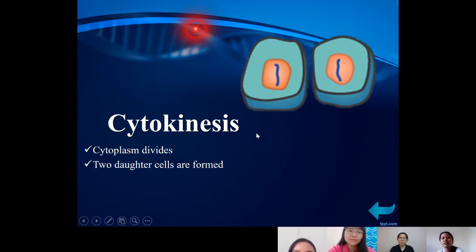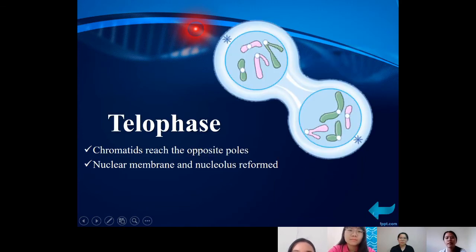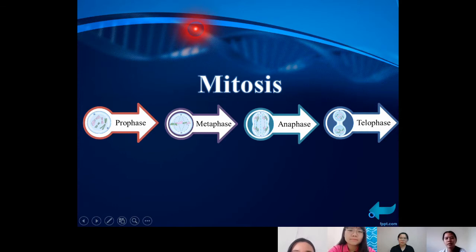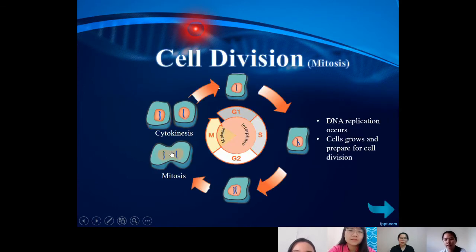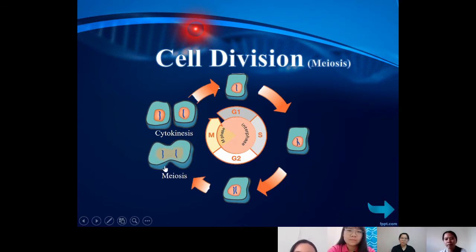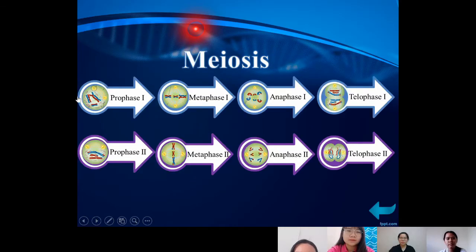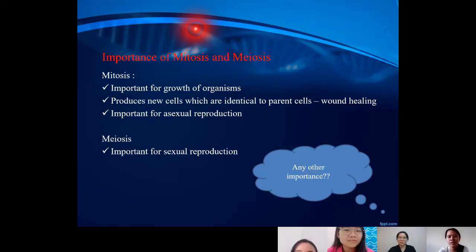Because in mitosis, the daughter cell has the same genetic content as the parent cell. They will not change, but it is different with meiosis. Later we will find out why meiosis will produce different daughter cells. Now we finish our lecture today.